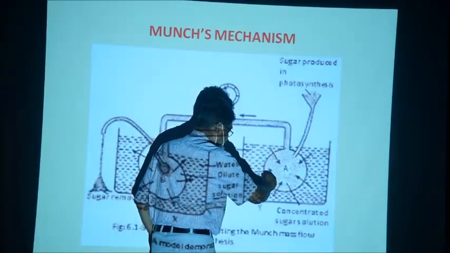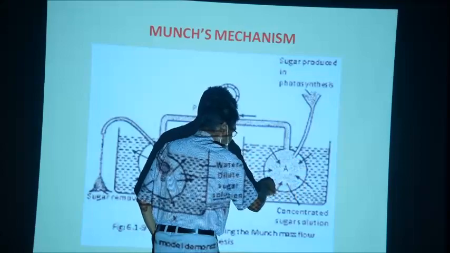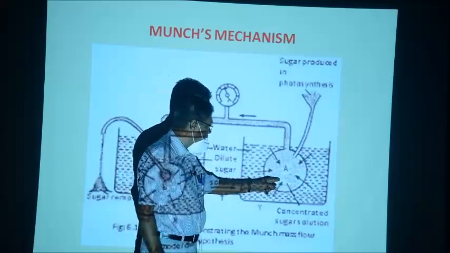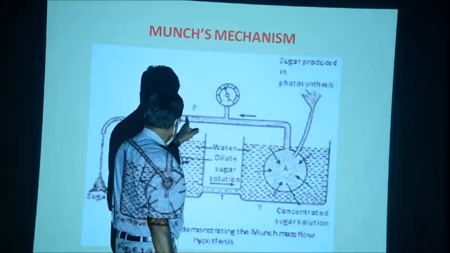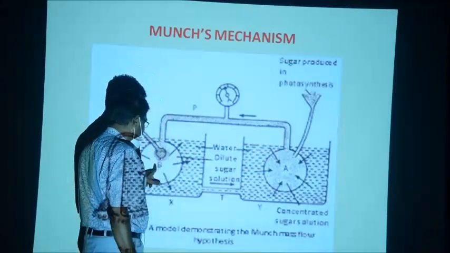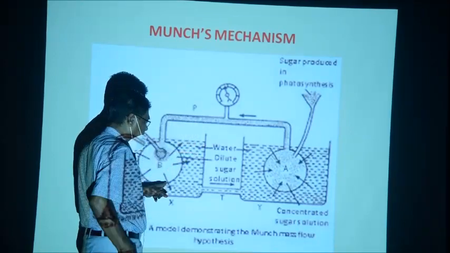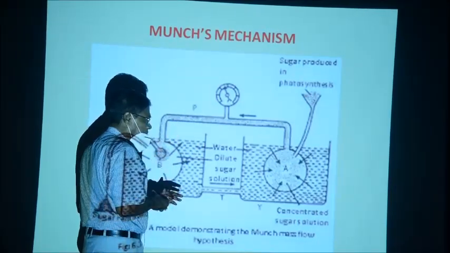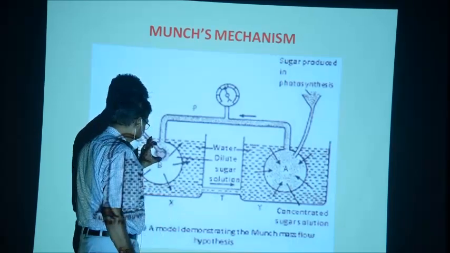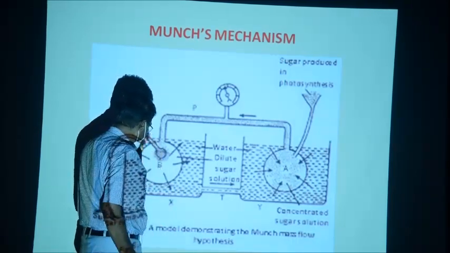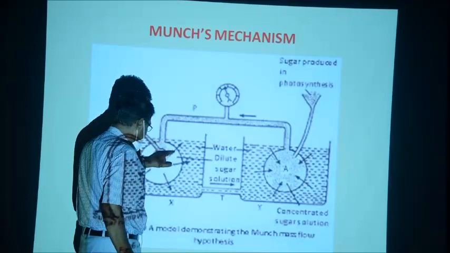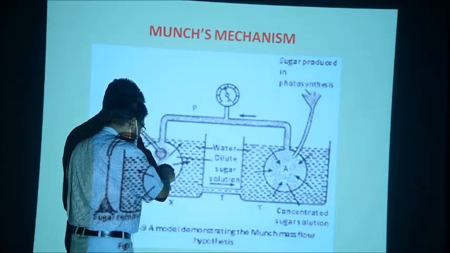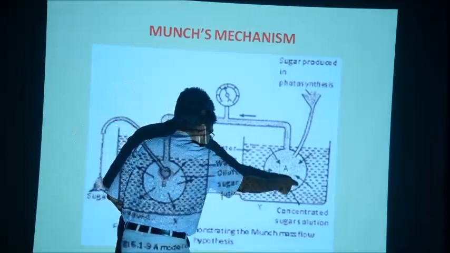This is not only semi-permeable, but it is rigid, that means hard. So, water moves along this line and reaches here, and along with water the sugars also move. That is mass flow. Once the sugars reach here, if you remove them, then the concentration here remains low and water moves out of this and again goes to this place.